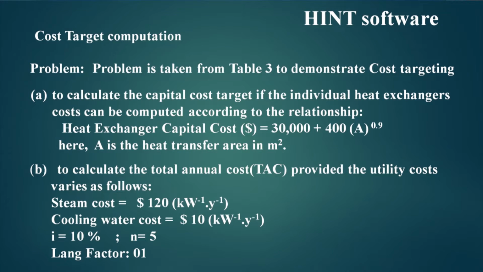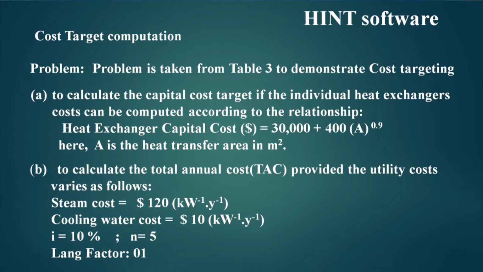Interest rate is 10%. Number of years, that is effective years for the heat exchangers, which is life of the heat exchanger, is taken n is equal to 5 and Lang factor is taken as 1.